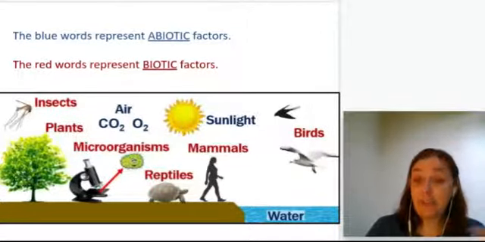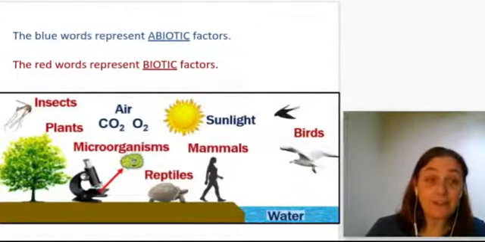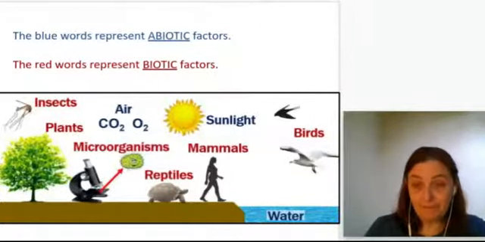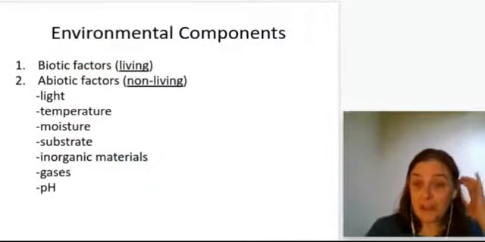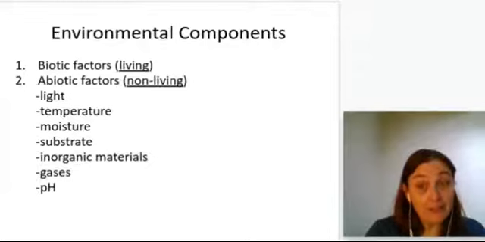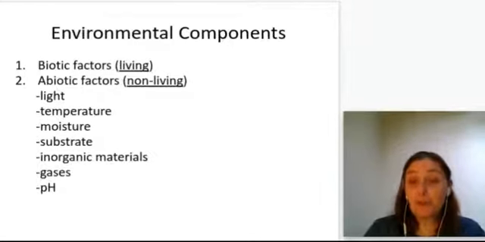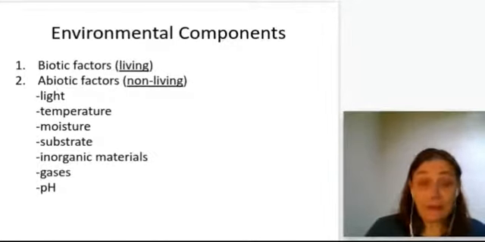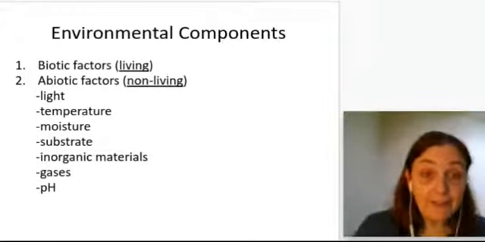And all of the different things that are alive in the world are the biotic factors. So the biotic factors include all the kingdoms, animals, plants. Plants are alive, right? Animals, plants, fungi like mushrooms, protists like the amoeba and all the bacteria are the living things. And then there's the non-living things.